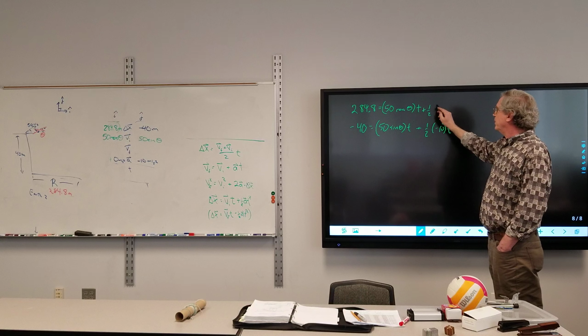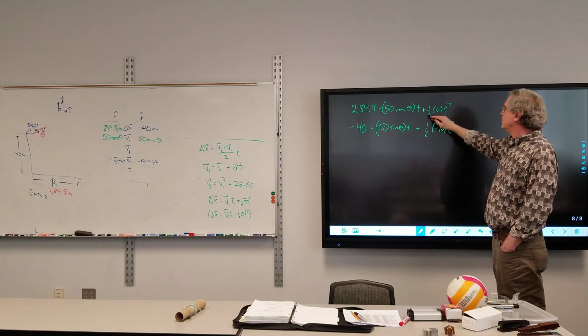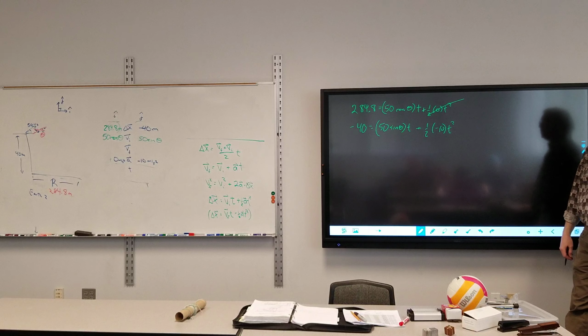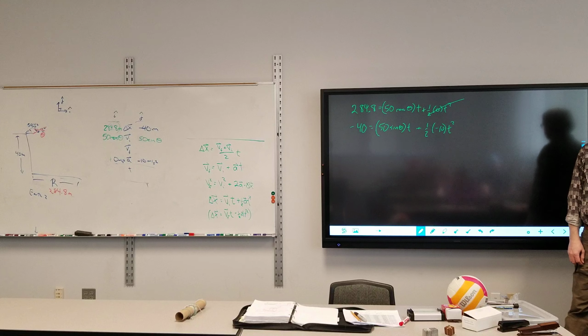Technically, there's a plus 1/2 0 t squared here, but the math people tell me that if you multiply by 0, you get 0. And I'm going to believe them on this.